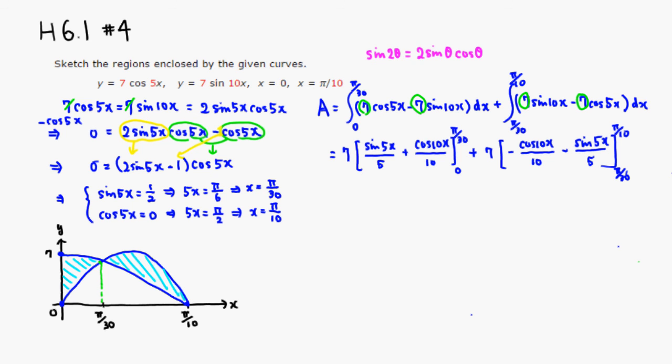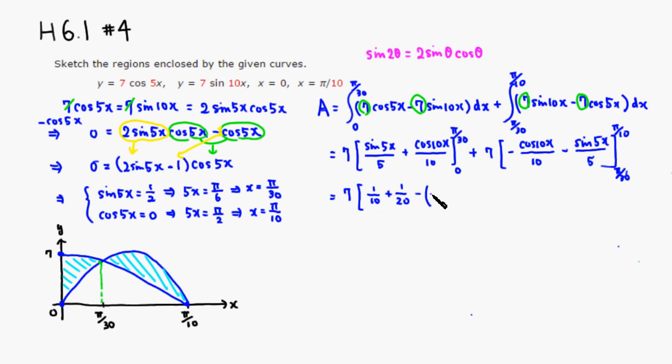So let's compute. 7 is outside. If you plug in pi over 30 here, it's going to be pi over 6. So sine of pi over 6 is 1/2, so it's going to be 1/10, plus cosine of pi over 3, which is 1/2, so it's going to be 1 over 20, and a minus.